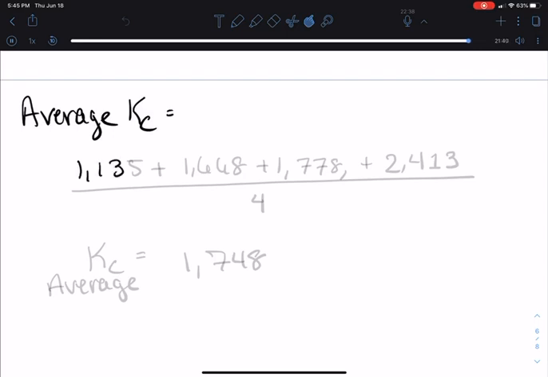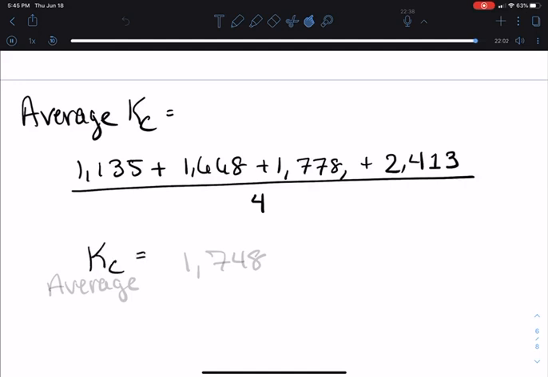All 4 of them added together, divided by 4, how many we had. So our average Kc value then was equal to 1,748.